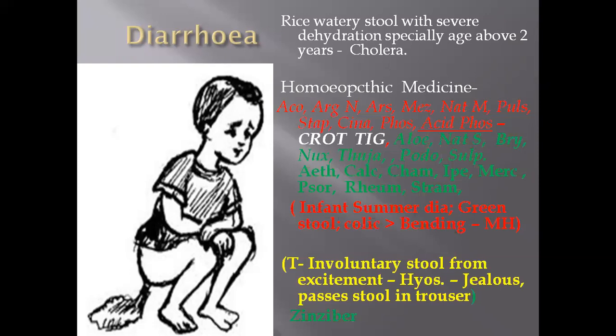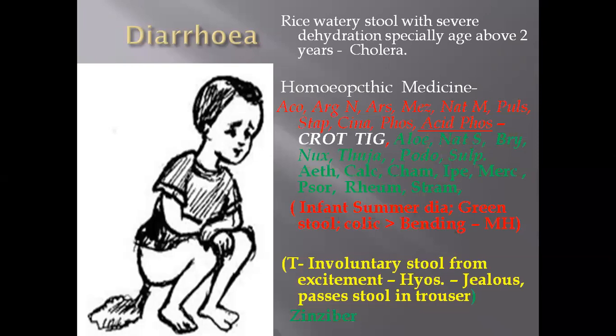That means the nux vomica patient always takes more time in the toilet for passing stool because of this ineffectual urge. Ineffectual urge means that the patient feels that he would pass more stool, but it is not coming out. This is called the feeling of ineffectual urge. That is why the nux vomica patient takes more time in the toilet for passing stool.